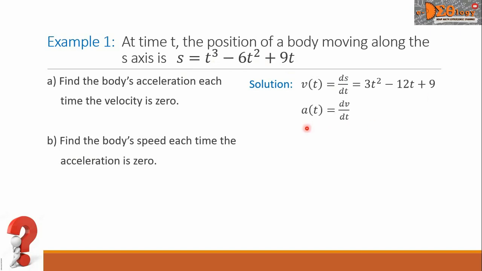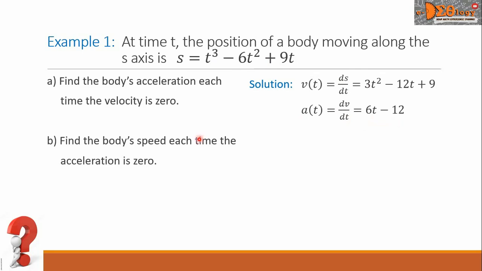Next, let us find a of t. This is the acceleration. This is equal to the derivative of this function here. So we have dv over dt equals 6t minus 12.